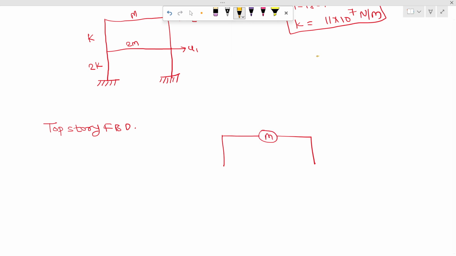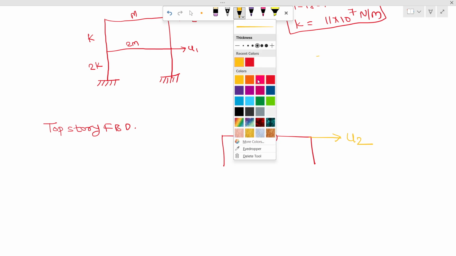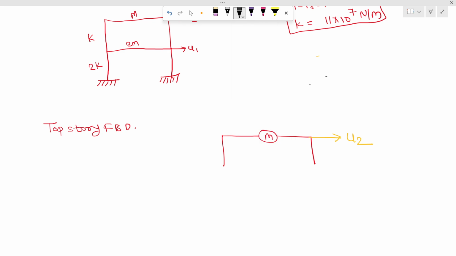Now, what forces are acting on this structure? So this is the displacement U2. Okay. Now, first thing is, we will consider this mass right now for simplicity as M1, and this mass we will call as M2, where this stiffness 2K we call as K1, and this stiffness K we call as K2.